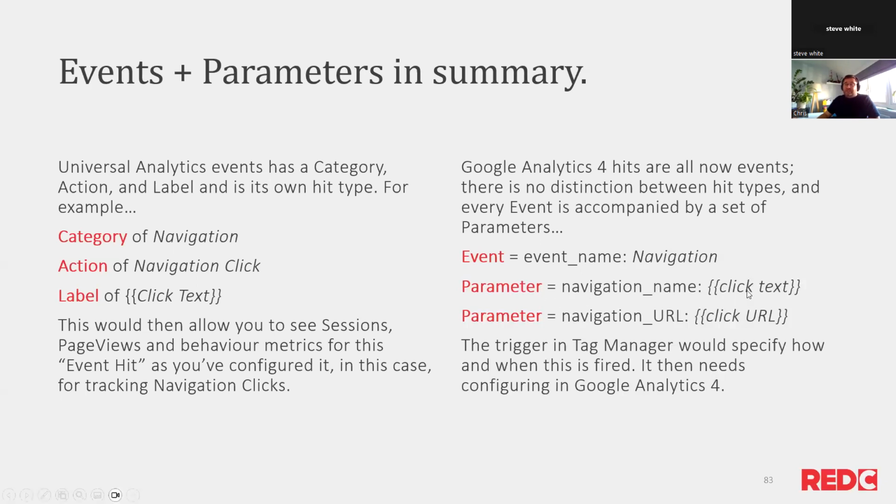I wouldn't need to create an additional parameter if I've already got one there that works for it. So you don't want to create an endless list of parameters that are going to overwhelm you. But if you have all of those available in an Excel spreadsheet, you can see which ones are reusable based on the name and the value that you've assigned them. And as I've banged on about more than enough times already, everything is now an event in GA4.